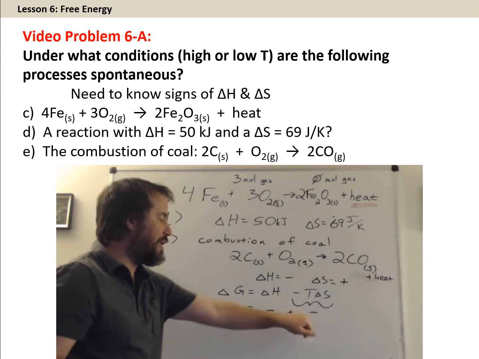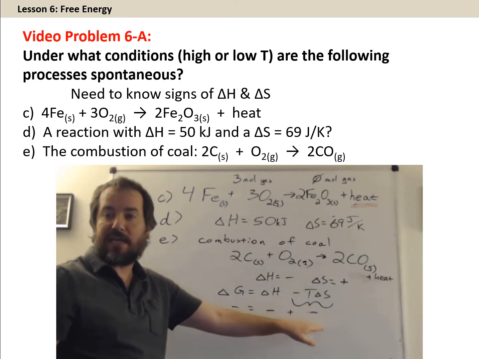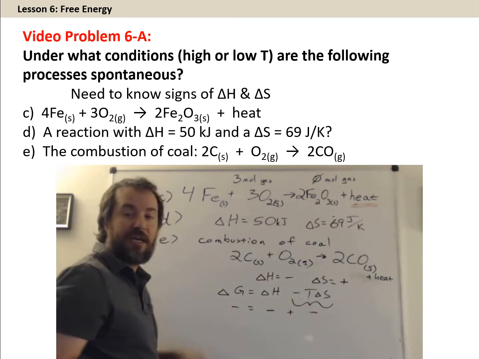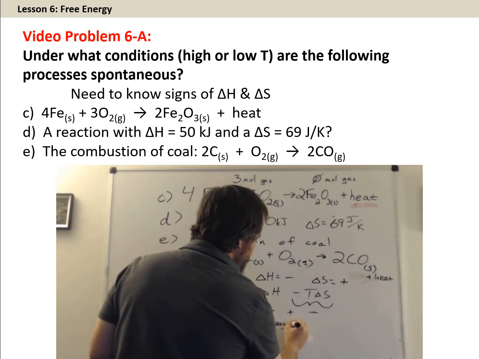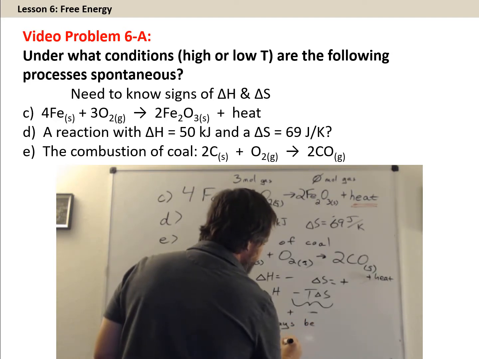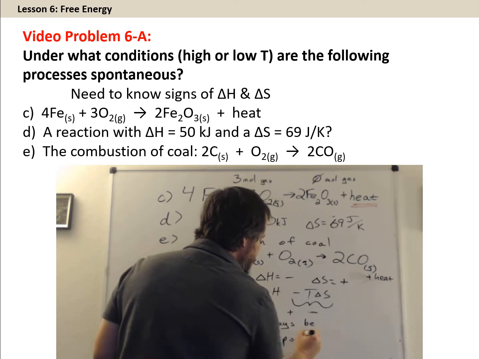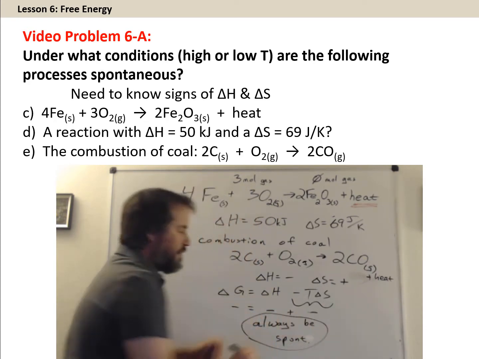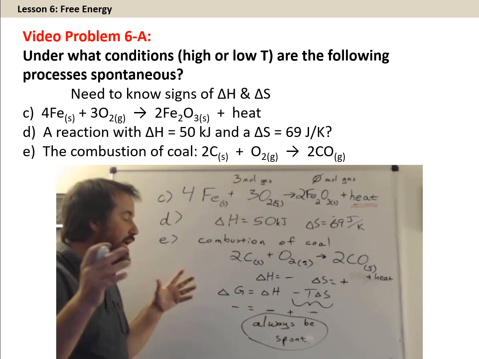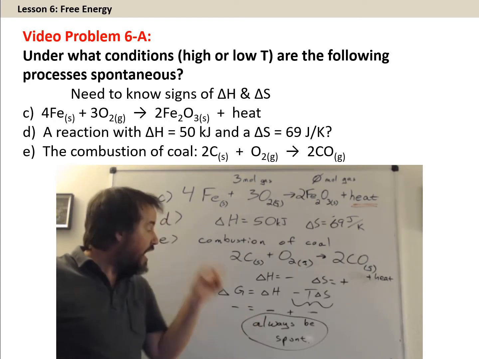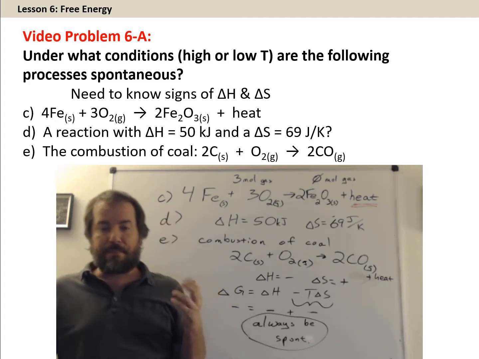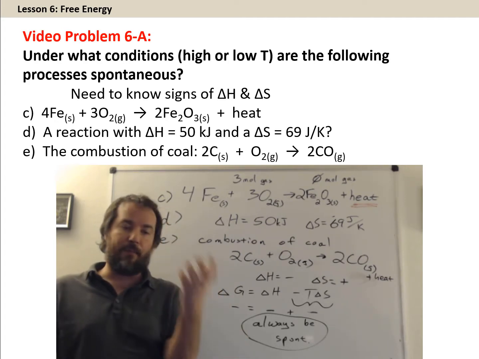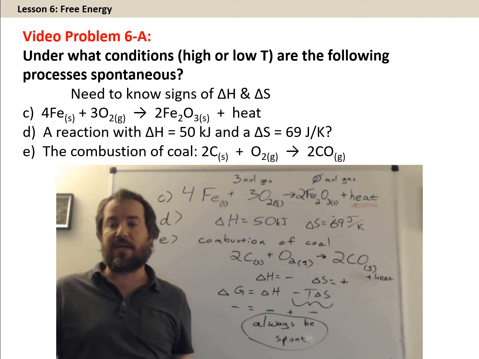Well, it's always going to be the case, because a negative number plus a negative number is always going to give me a negative. This will always be spontaneous, no matter what the temperature is, whether it's very small or very big. And this is why we can always burn coal, right? If I burn coal, it's going to work whether it's negative 100 degrees outside or 200 degrees outside.